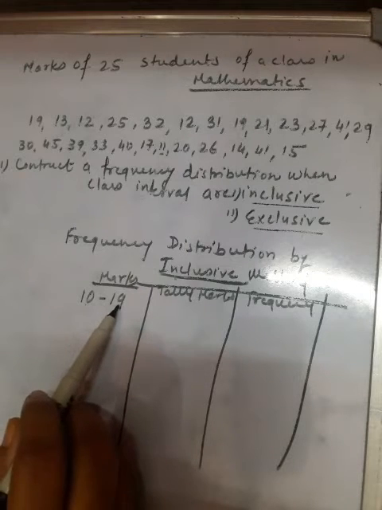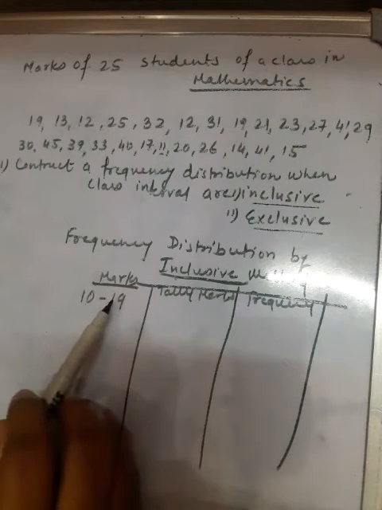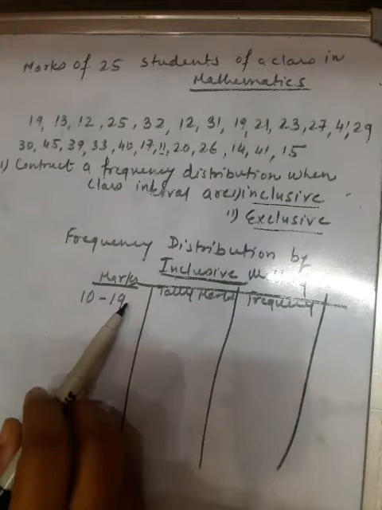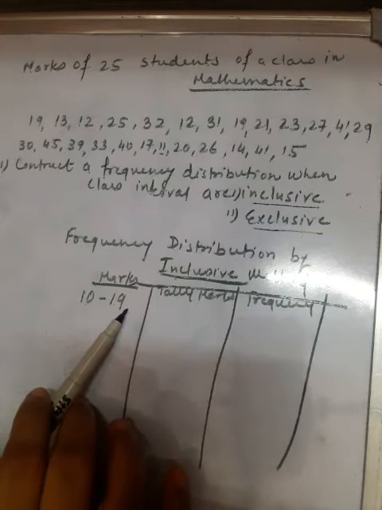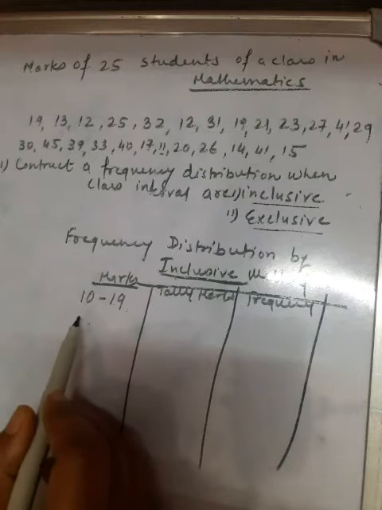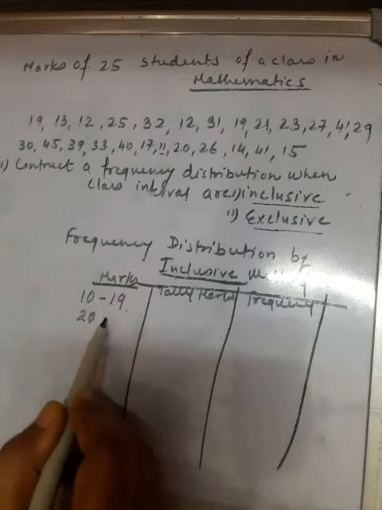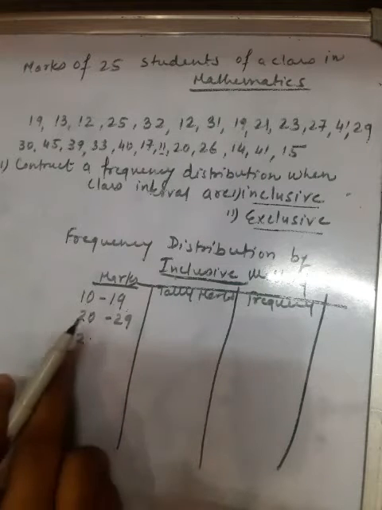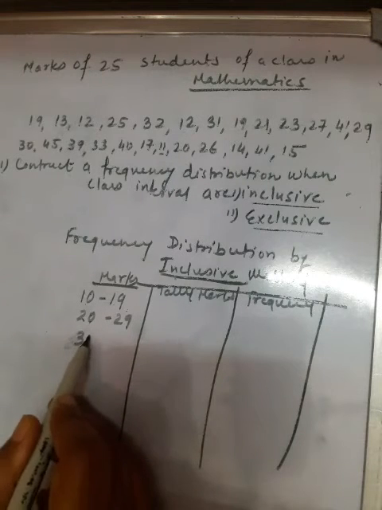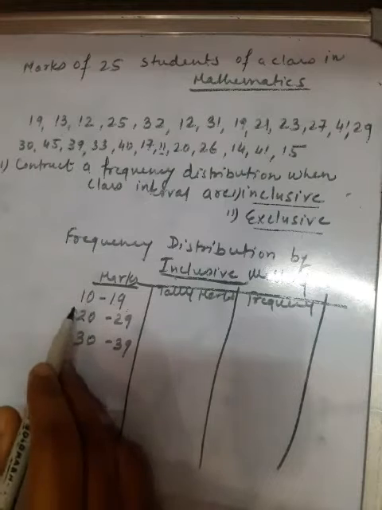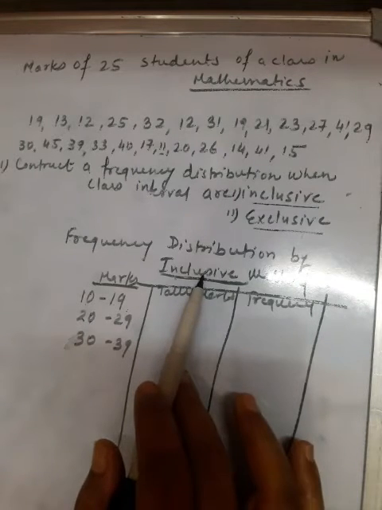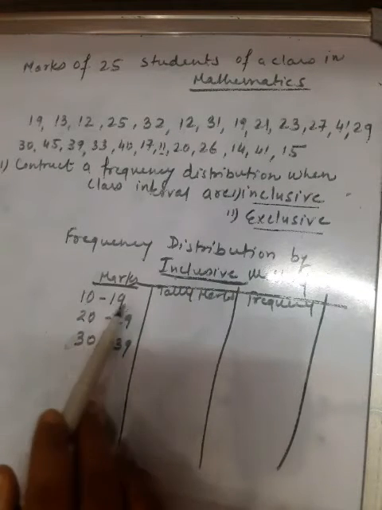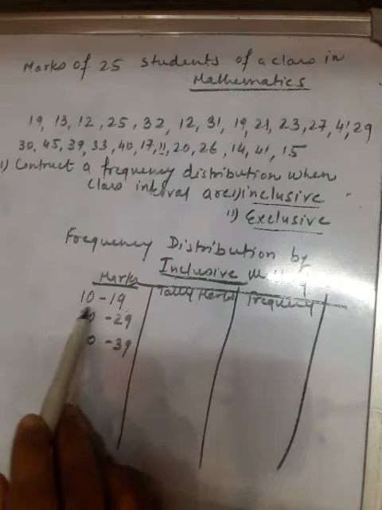Here the marks 10 to 19 will be counted in this particular class. After that the second class will be 20 to 29, then 30 to 39.